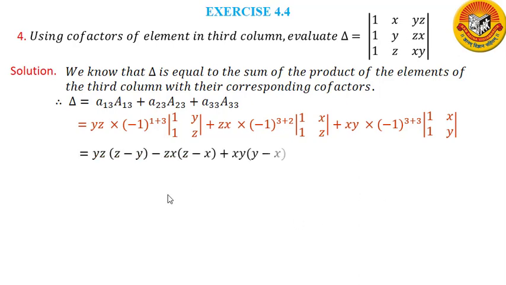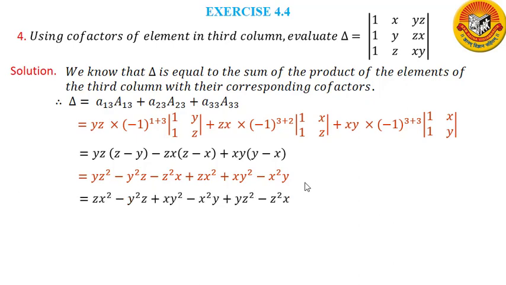Now this is plus 1, so yz into z minus y. Here it is minus 1, so it is minus zx into z minus x, and here 3 plus 3 is 6, so I have plus xy into y minus x. We can open the bracket. After opening the bracket, we got this expression. Now you know how to simplify.